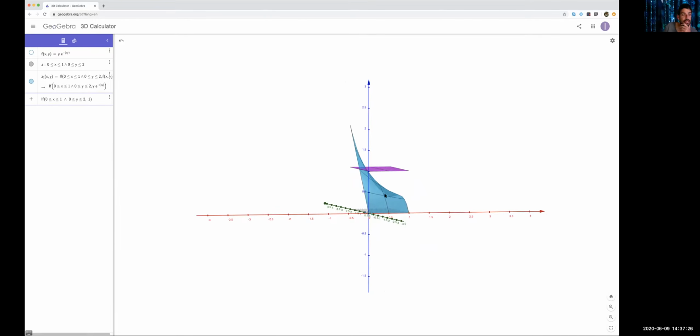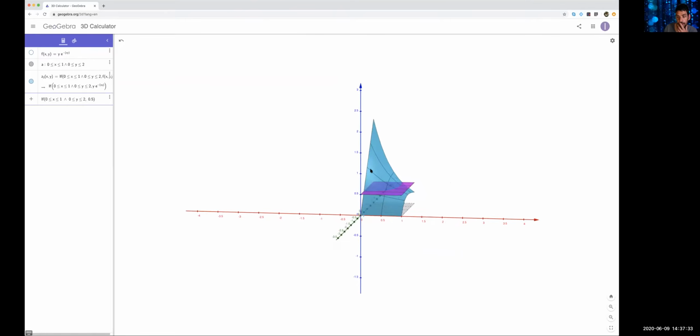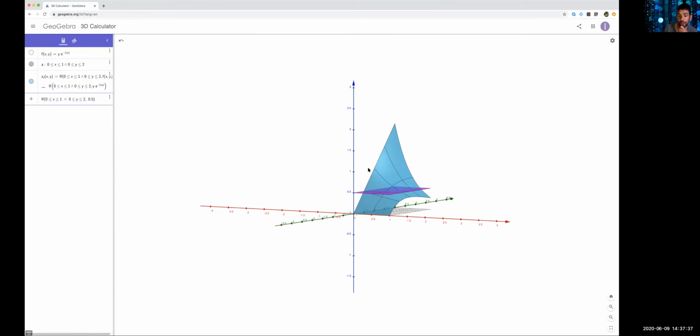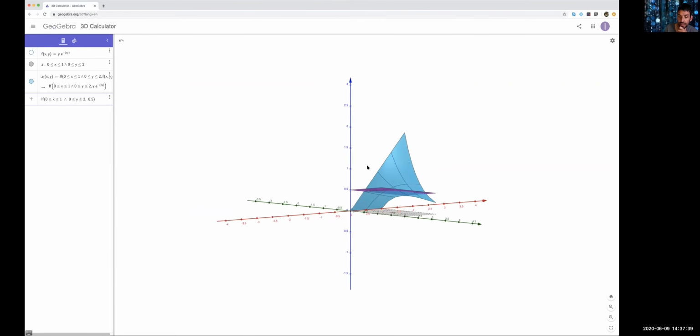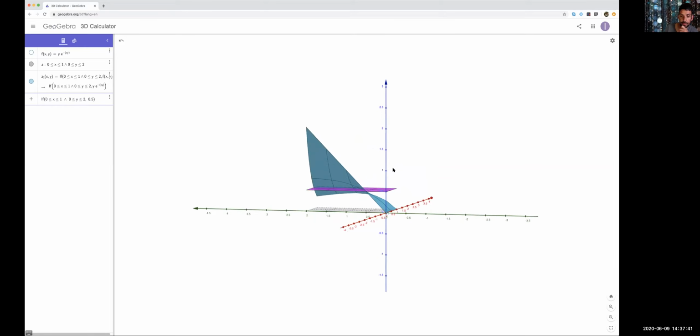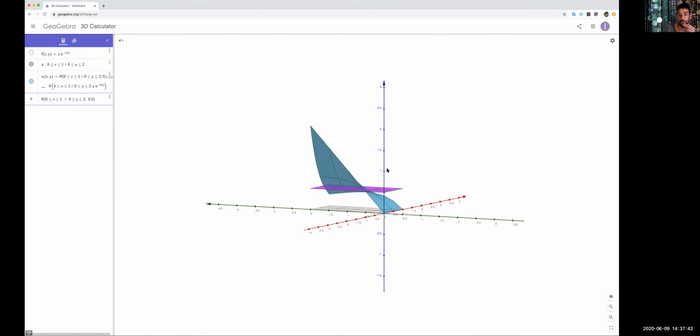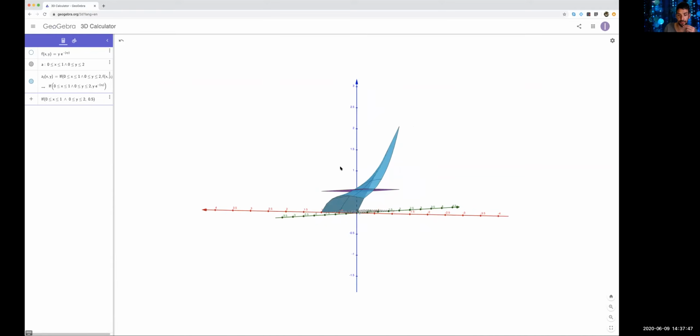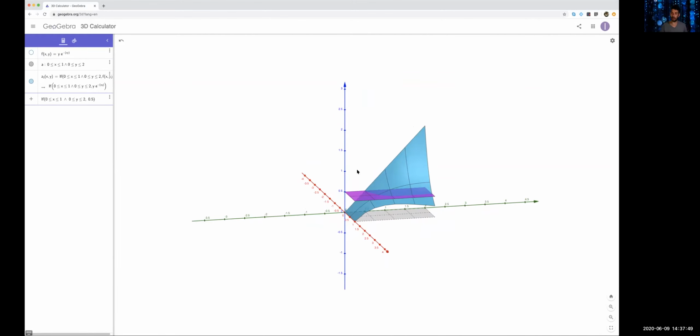It seems reasonable. Maybe I'll bring this volume down, right? Sorry, this whole thing would have a volume of 1, and it doesn't seem unreasonable to think the bit of volume at the back would fill in most of the pieces that were missing in that box, plus a little bit more, right? I'm just eyeballing it to see if I'm in the right neighborhood.